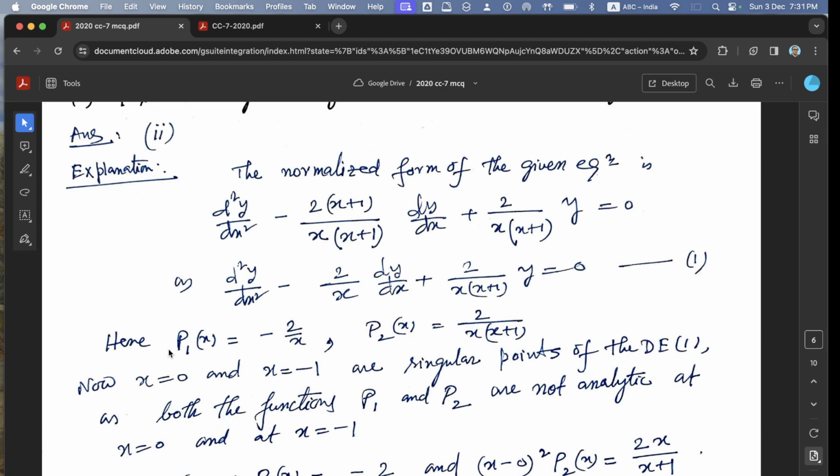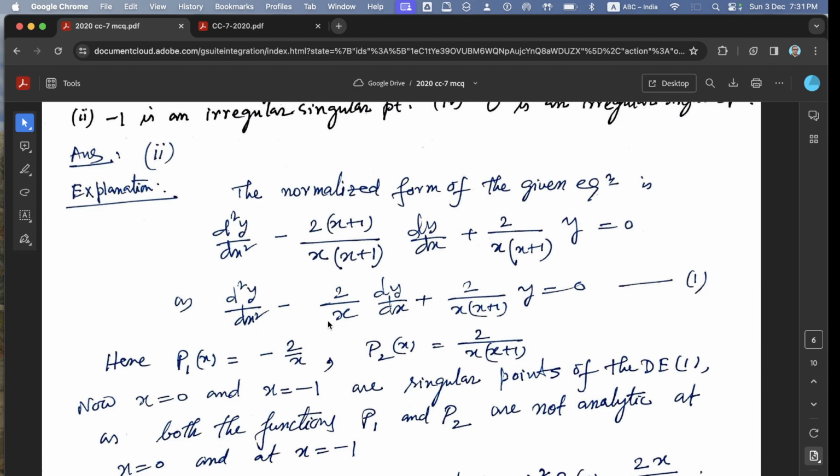The standard form is d2y/dx square plus p1 dy/dx plus p2 y equal to 0. So p1 equals minus 2/x and p2 equals 2/(x plus 1).